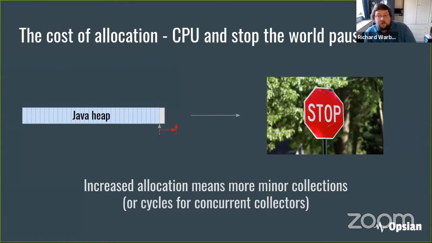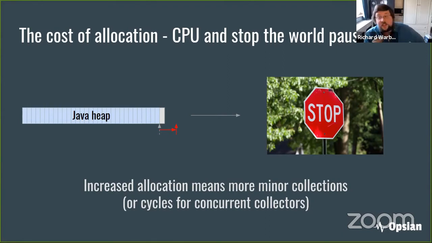Then there's the plain cost of allocation in terms of the garbage collector doing its collection work. That's the CPU overhead of a garbage collection. Now, some people will come along and tell you, look, the young generation of many collectors are copying collectors, and the tenured ones of some are as well.